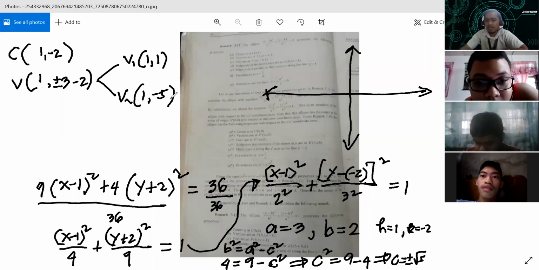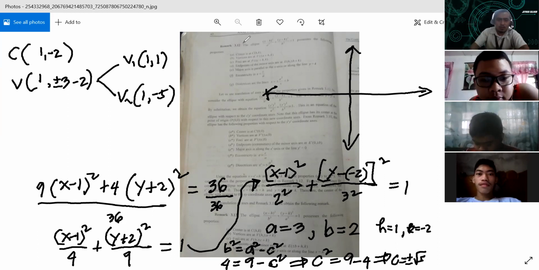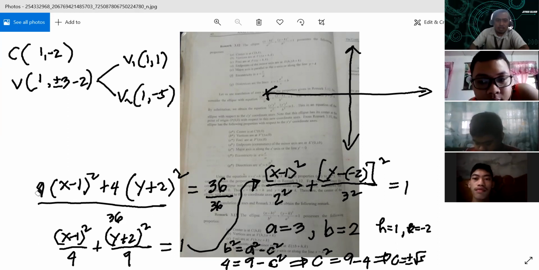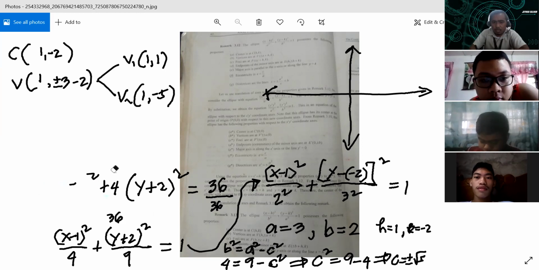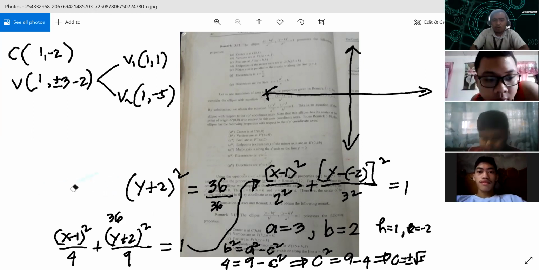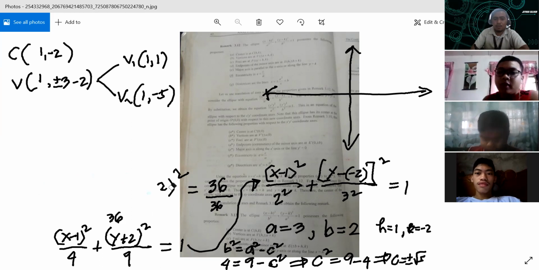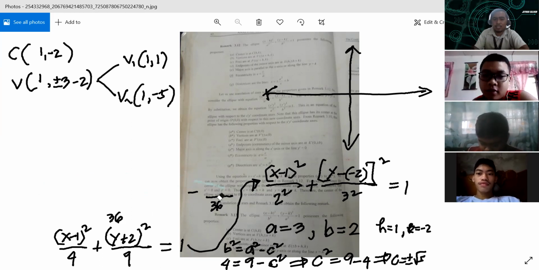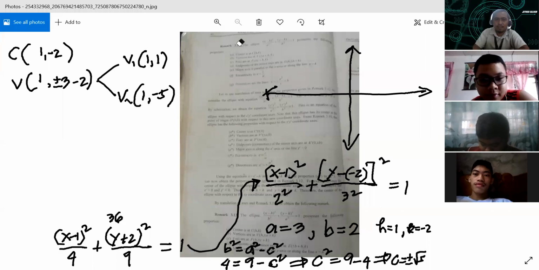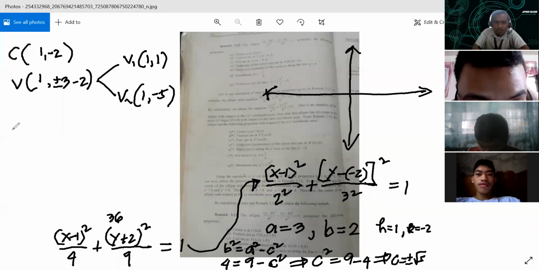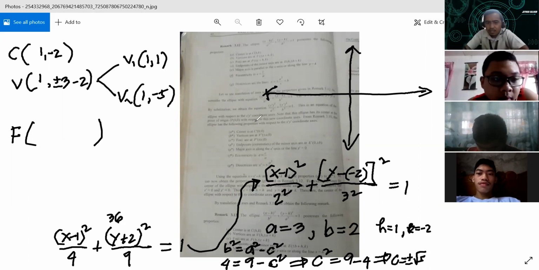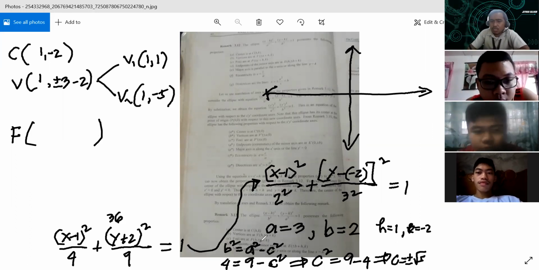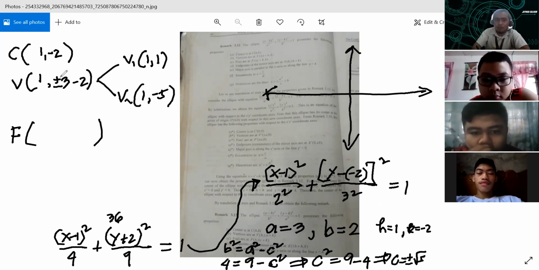Understood? Now, what we have not yet gotten, we need to get the foci. Okay? What is the formula for the focus there, class? What is the formula? The focus is given by H, comma, K plus or minus C. It has the same form as this, but we replace A with C, right?